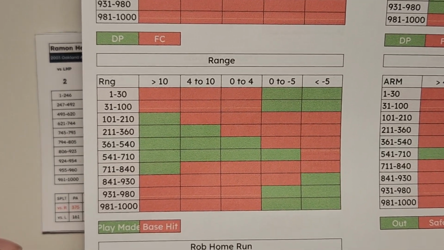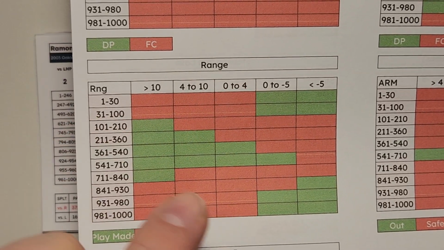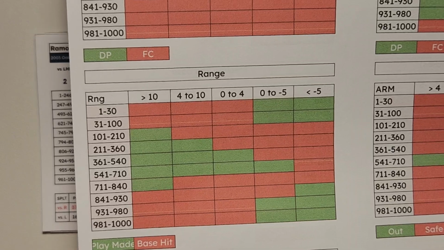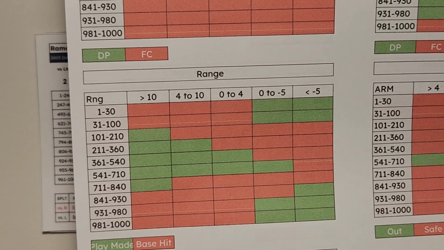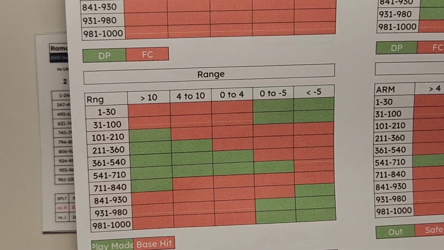So those are the two options that we have here. You can see the key here. So we have a player who's a 0 range, and if it's a 361 to a 710, he is going to range and make the catch on that blooper single.